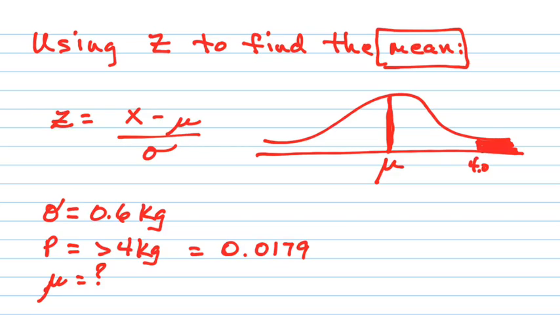In order to do that, I need a z-score. It's much easier to get that z-score straight from the chart than it is doing any kind of manipulations with your calculator. Okay? But remember, the chart reads from the mean.